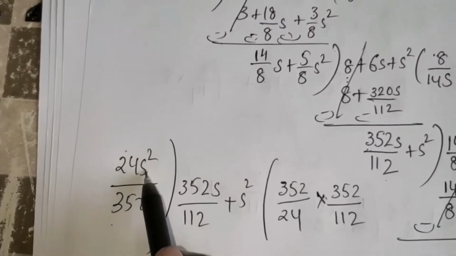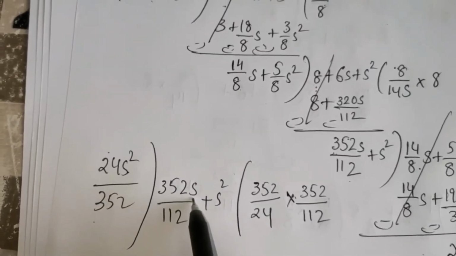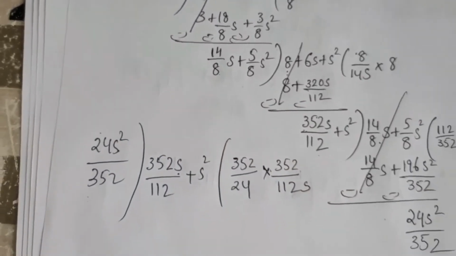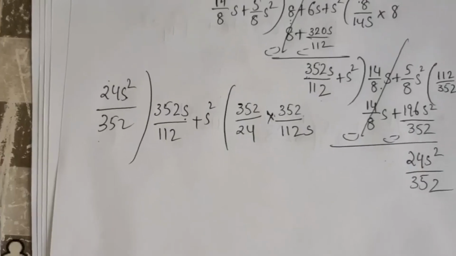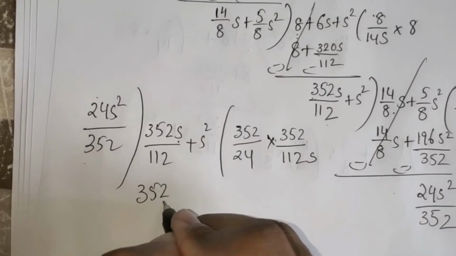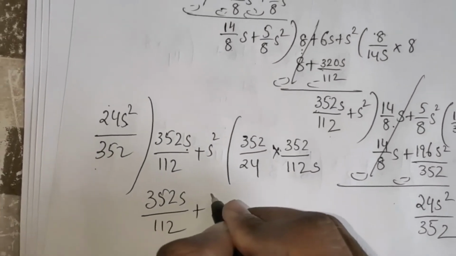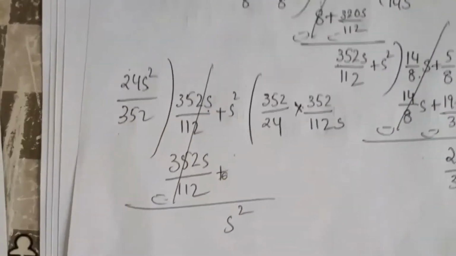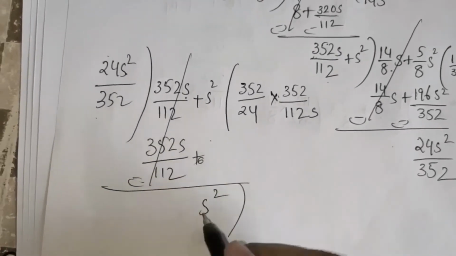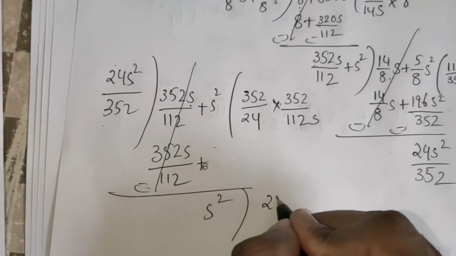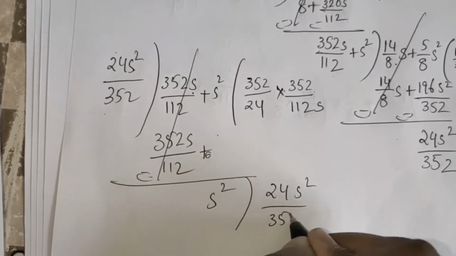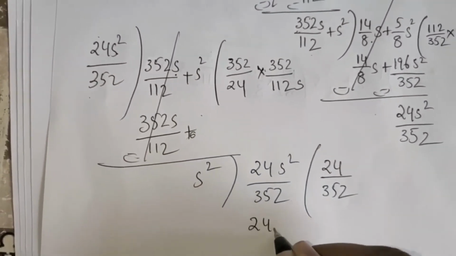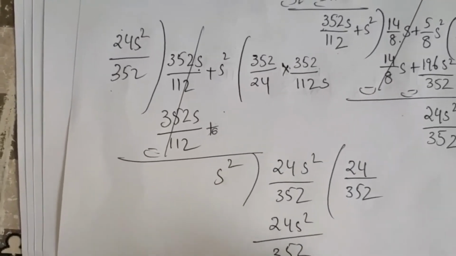Here I have s square, but I want only s, so I have to divide by s, which will give me 352 s by 112, and I am left with s square. Again, since it is positive, 24 s square by 352, I'll just multiply by 24 by 352, which will make my remainder 0.